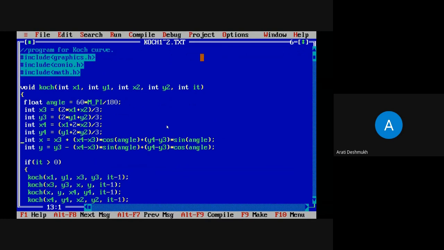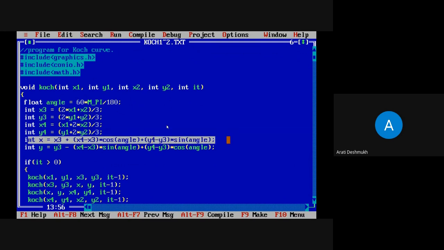Every time we have to find out the values, so we use that a line is converted into three equal parts, using this formula. If it is horizontal, then we use this, and if we want to use vertical, then we use this. That is for the angle of the equilateral triangle.